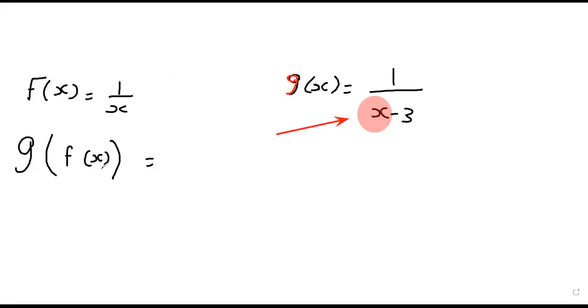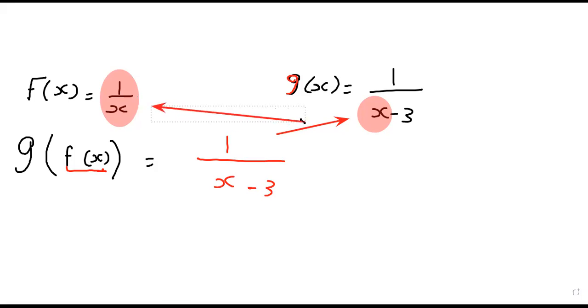What if I ask you about g of f of x? So in this function, which is 1 over x minus 3, I'm going to write instead of this x the function f of x. And what is the function f of x? It's 1 over x. So I'm going to put the value of the function f of x instead of x here.